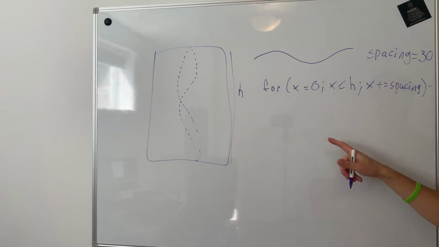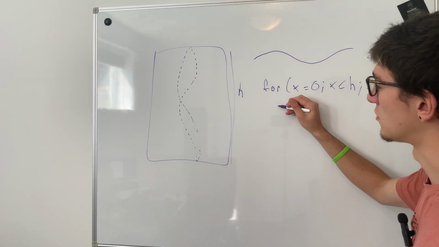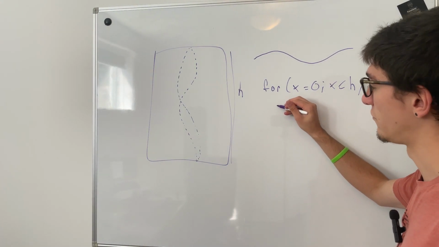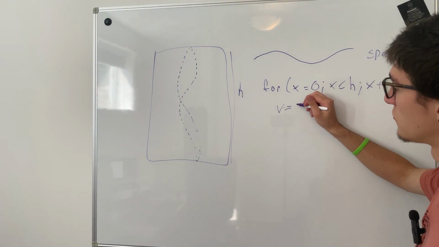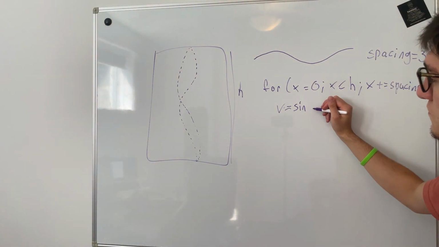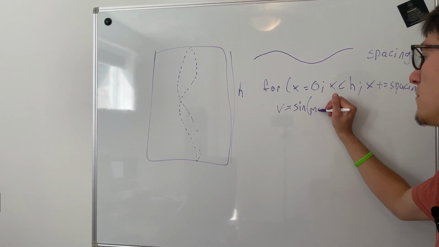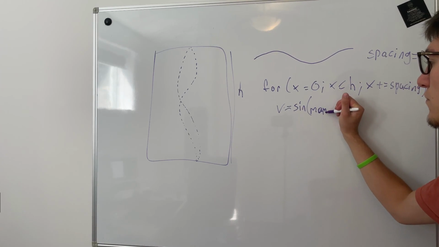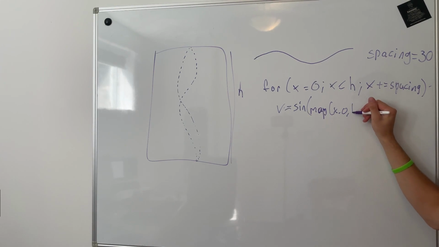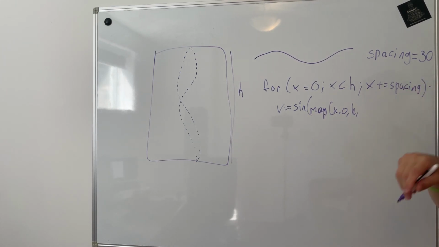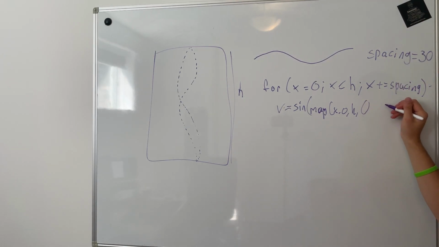So using that, we can have the sine value. I'll call this v or value, it doesn't really matter. And that value would be the result of the sine function, passing it not x, but passing it a map of x, which goes between 0 and height, to between, I don't know, maybe these two values.